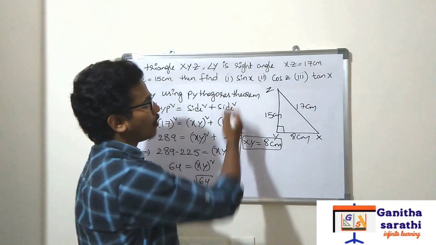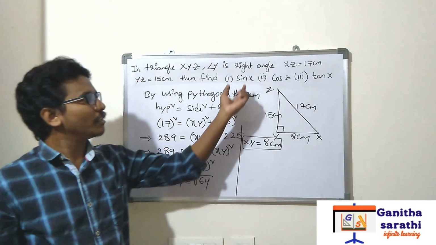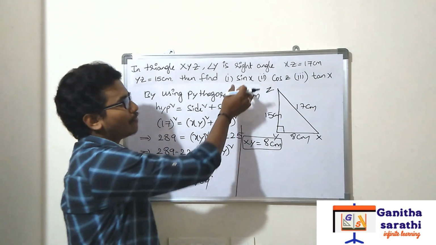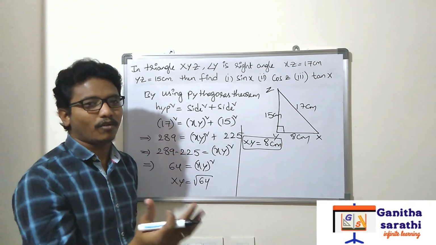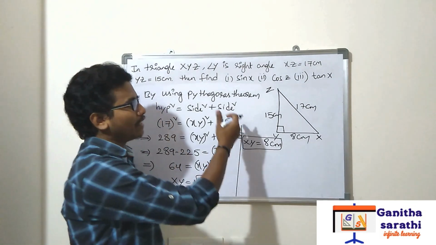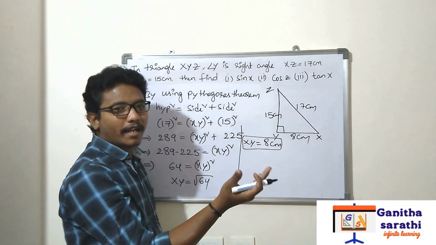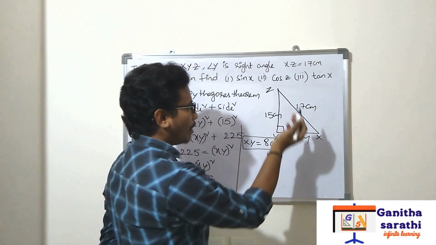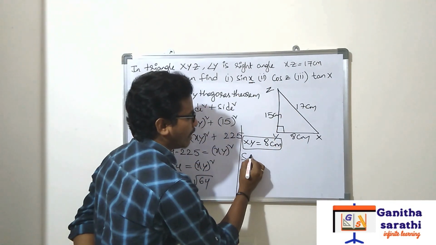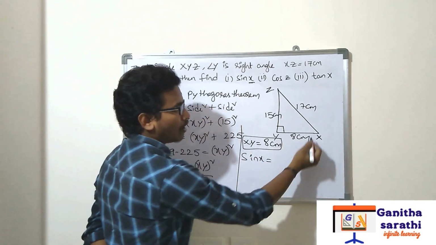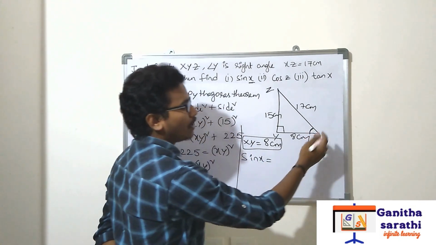Okay. So what are the values he is asking us to find out? Sin X. How will we find sin X? What is the formula of sin? Yesterday we discussed. Sin theta is equal to opposite side by hypotenuse. In the place of theta, what is given here? X. So sin X is equal to what is the opposite side of this angle?